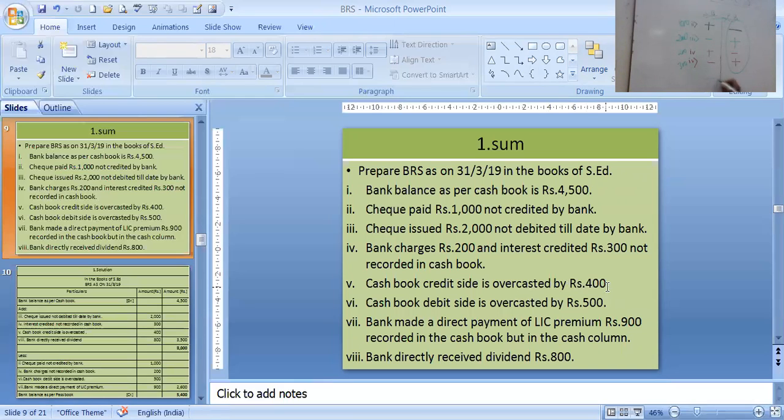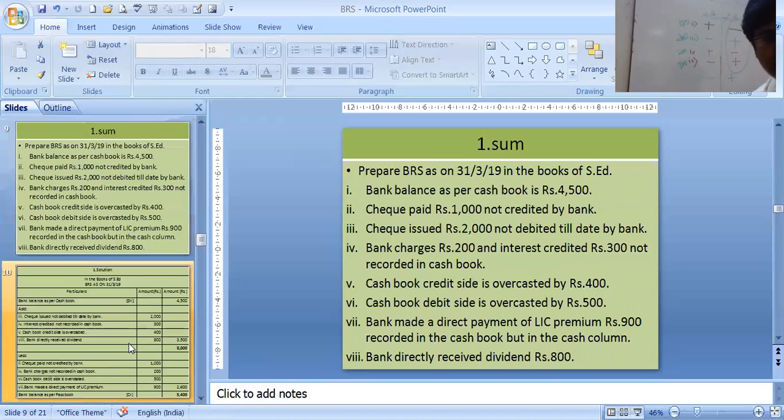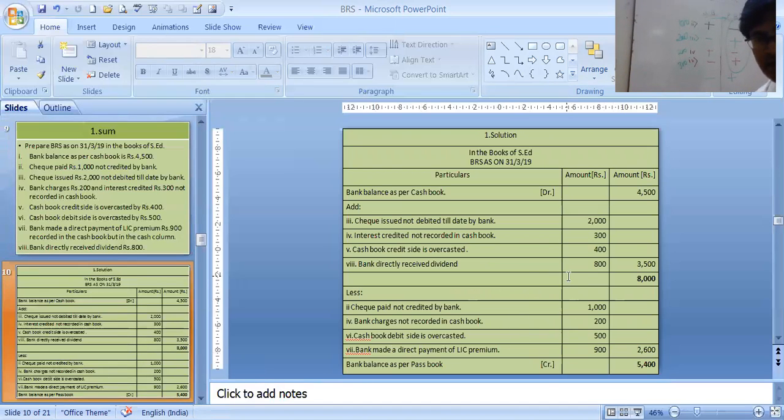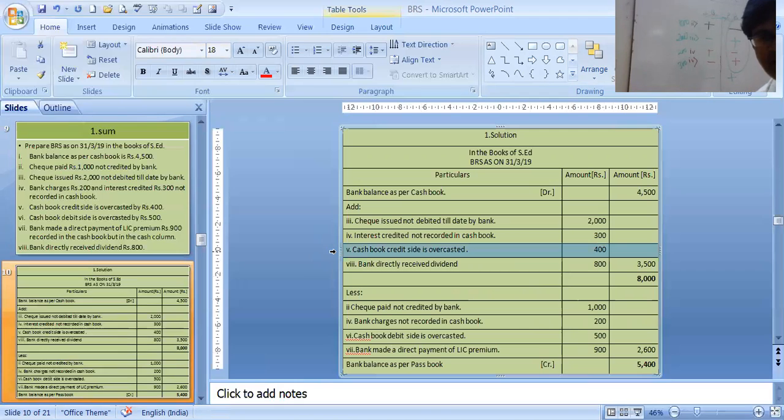And as the cash book is minus, the passbook doesn't have the information, so passbook plus. So we have to add this one. See, we have added this one. This is number 5, cash book credit side is overcasted 400.